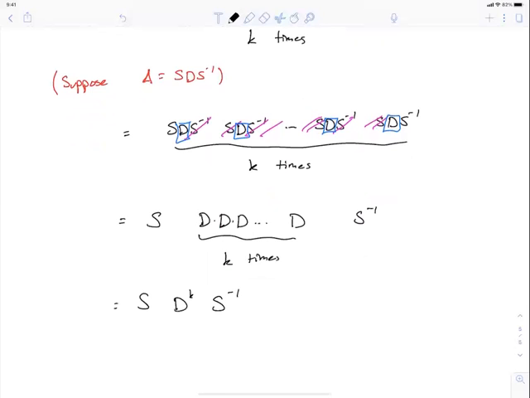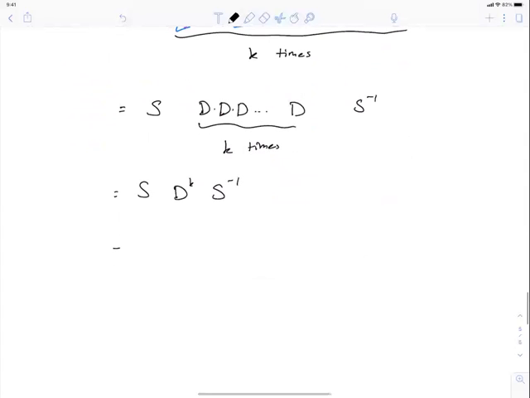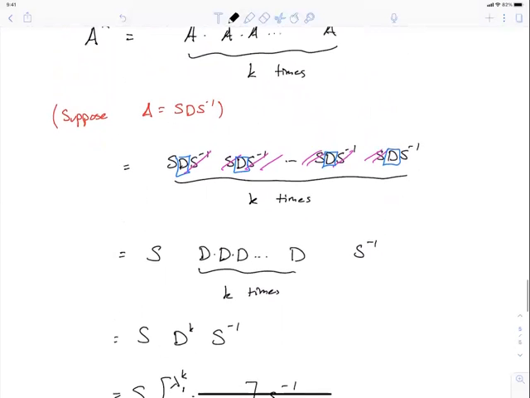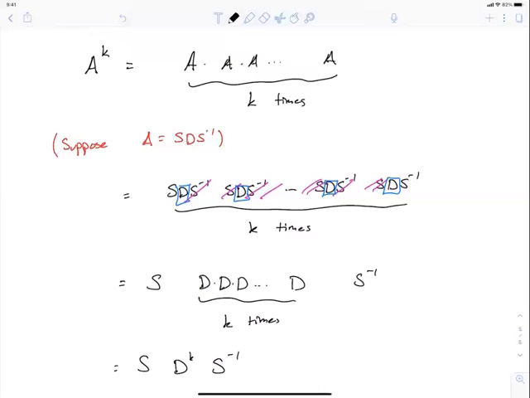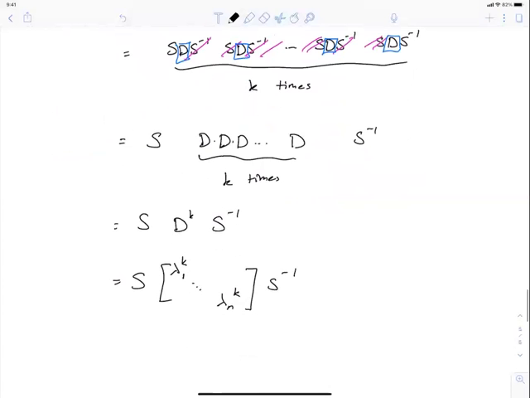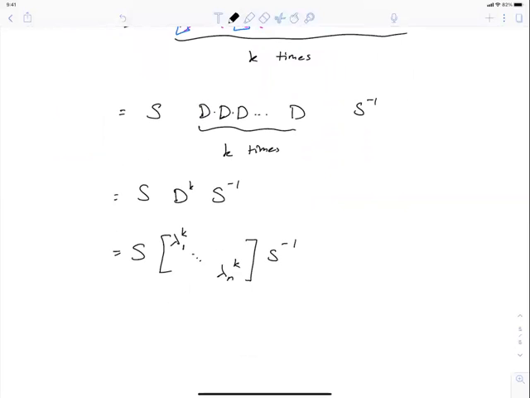And what's even cooler is that when you raise a diagonal matrix to a power, this is just raising those diagonals to that power. So now instead of multiplying K matrices to take a large power of A, you only need 3 matrices once you find the eigenvectors and eigenvalues. It makes it much easier to find and interpret what the powers of the matrix are and what they do.